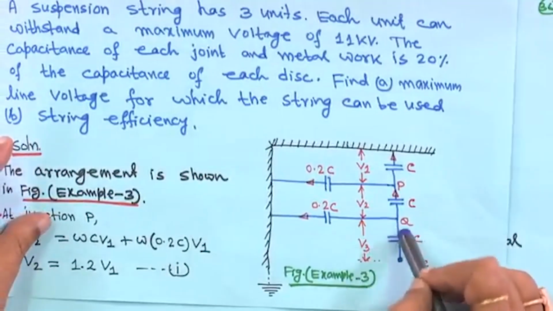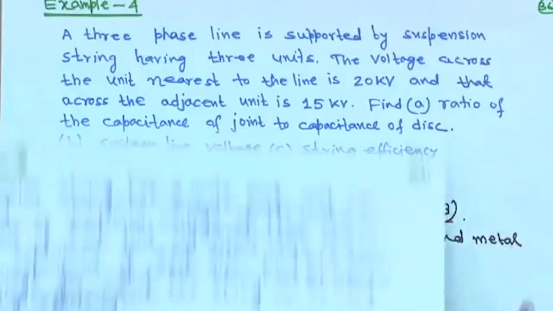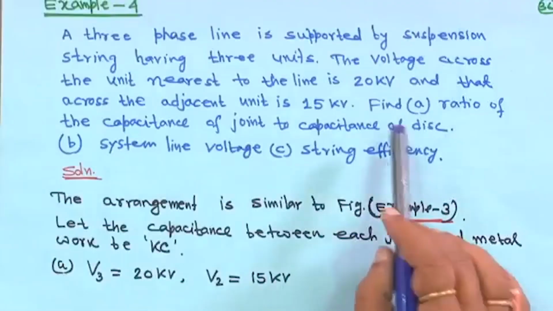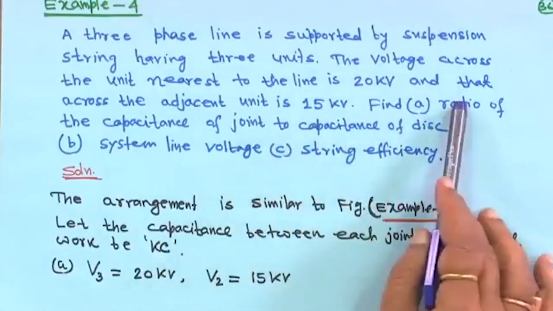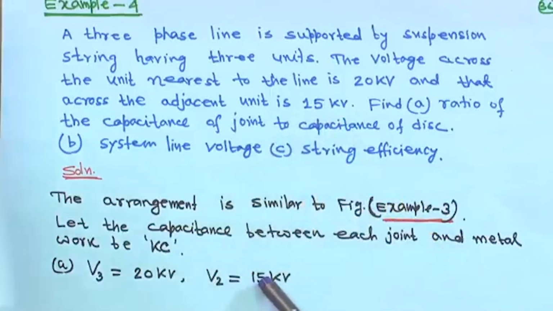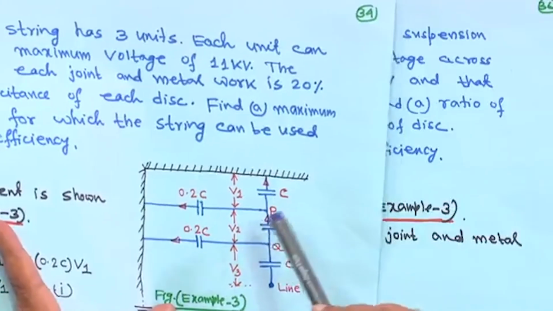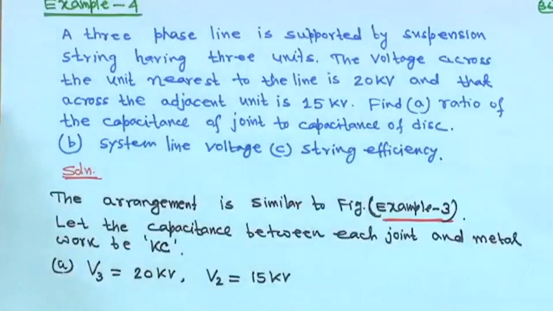And the adjacent unit is given as 15 kV. So, V2 will be 15 kV. These data are given.